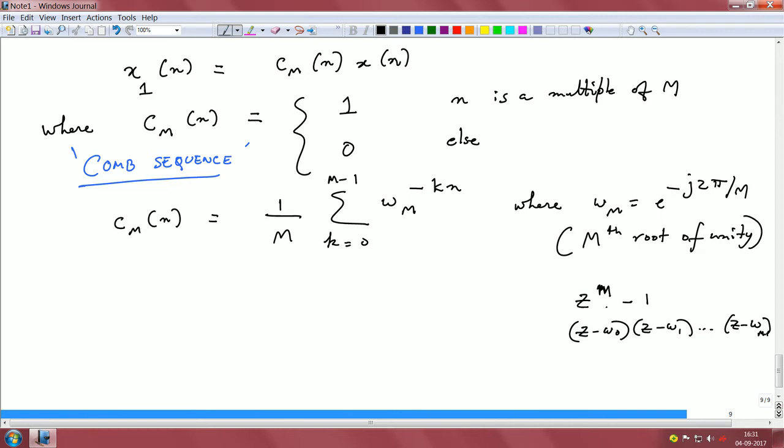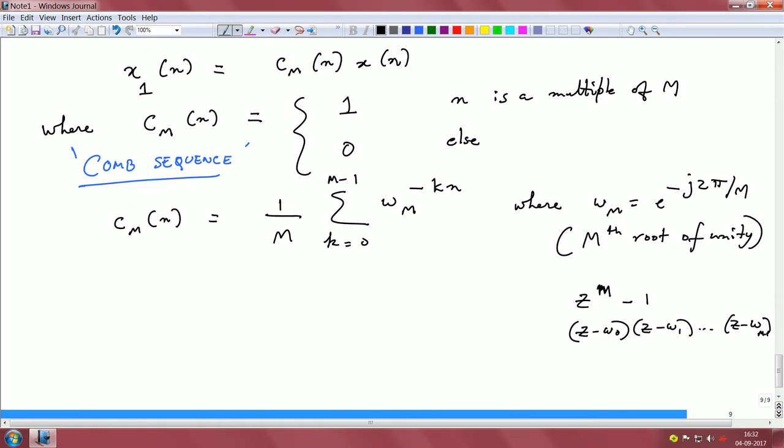Now observe the coefficient of the m minus 1 term, it is 0, but the sum of the roots is basically the coefficient of the monomial z power m minus 1 in this product. So therefore this has to be 0. So therefore the comb sequence is linked to the roots of unity according to this formula.